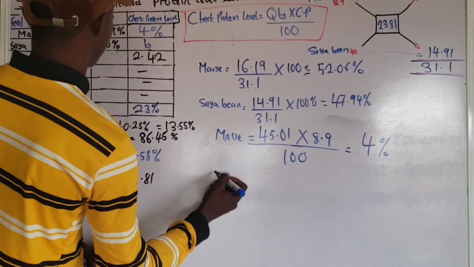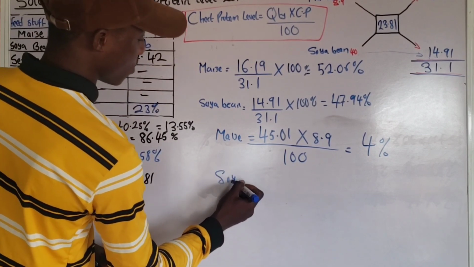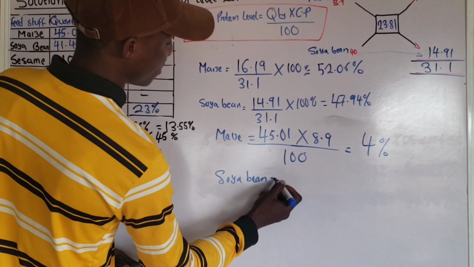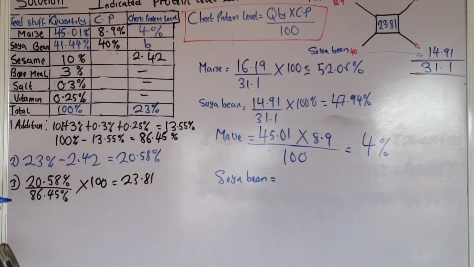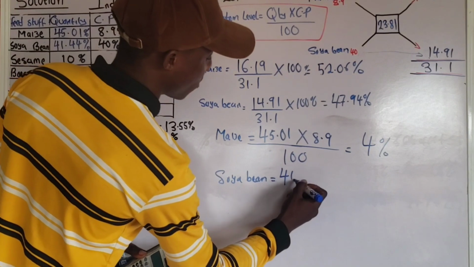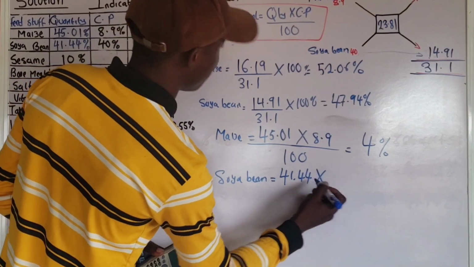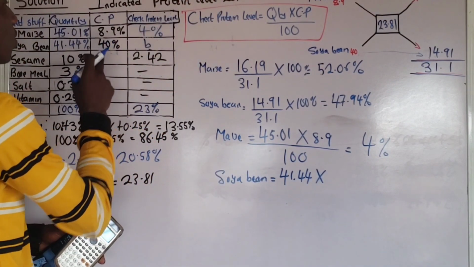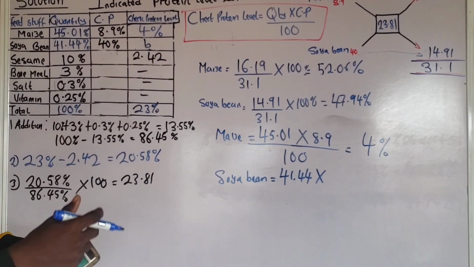Now let's calculate for B, which is for soybeans. For soybean, the percentage quantity for soybean is 41.44. So I'm going to have 41.44% multiplied by the crude protein contained in soybeans in percentage, which is 40%.